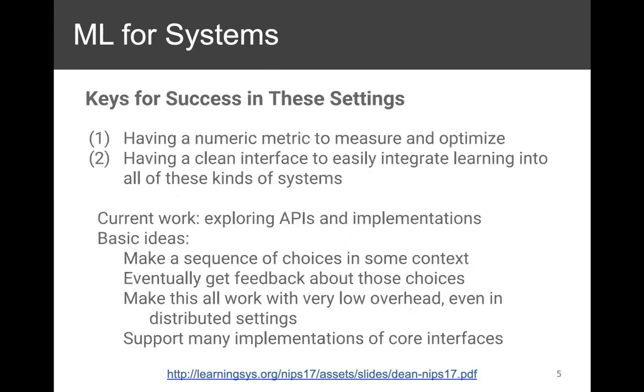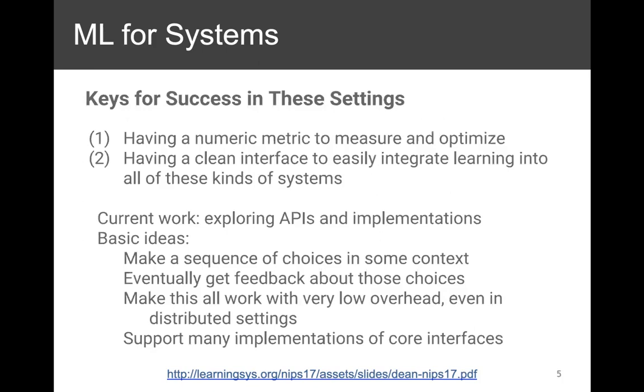Here's his recipe for how to apply ML to systems. He says, of course, for ML, you need a metric that's numeric, measurable and optimizable. Then you give this as a loss value or a loss function. And then he says you need a clean interface to integrate the machine learning aspect into these systems. You want to be able to do the offline training and configuration based on historical data, and then have the model that you built integrated into the system for use during production.